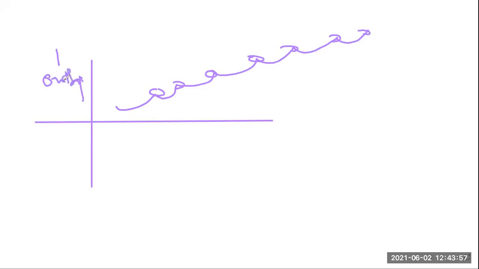In that case, the nature of the curve will be something like this. These are the points of discontinuity, created because of the repeated valve operation. This side is your output, and this side will be your input. Got it?